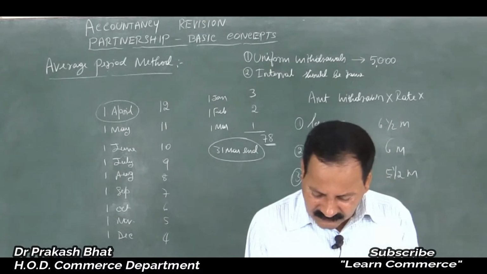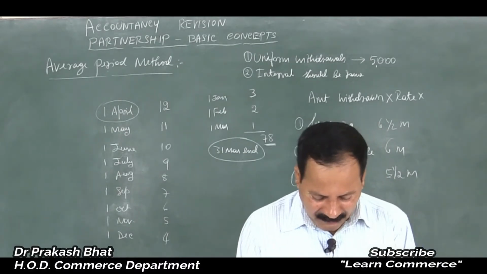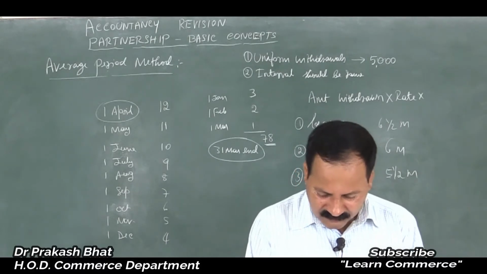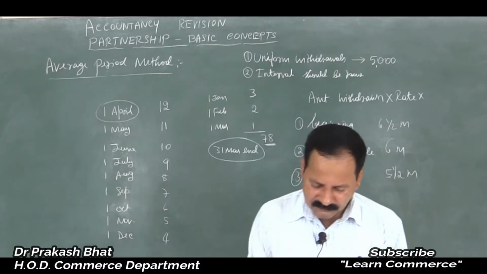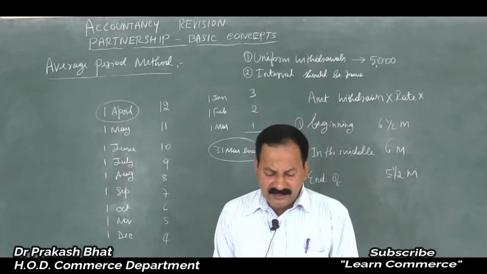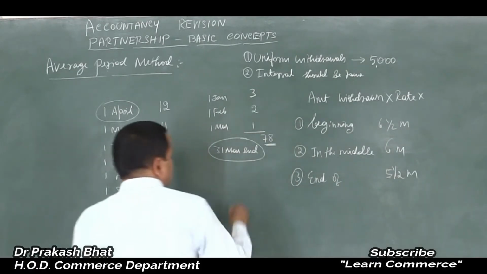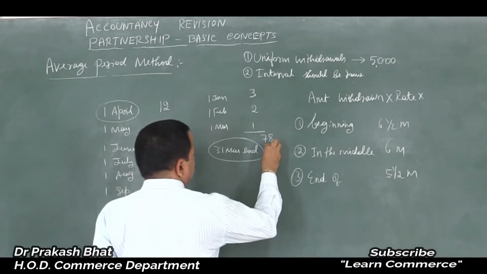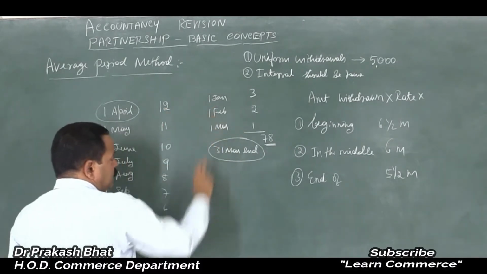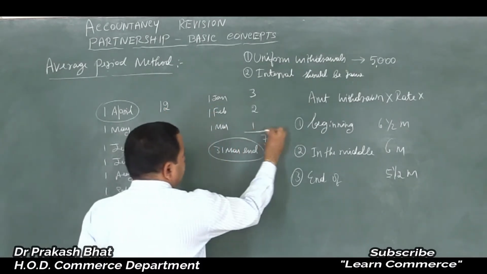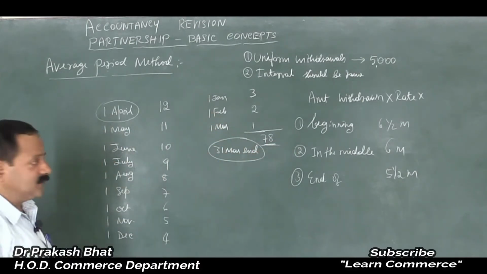take that 78 divided by how many months? 12 months, right? How many months are there? 1, 2, 3, 4 if you count, 12 months. And the total time period is 78 months if you take the total of this, right?